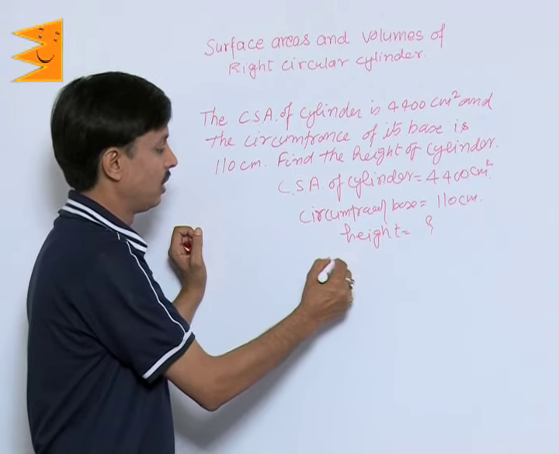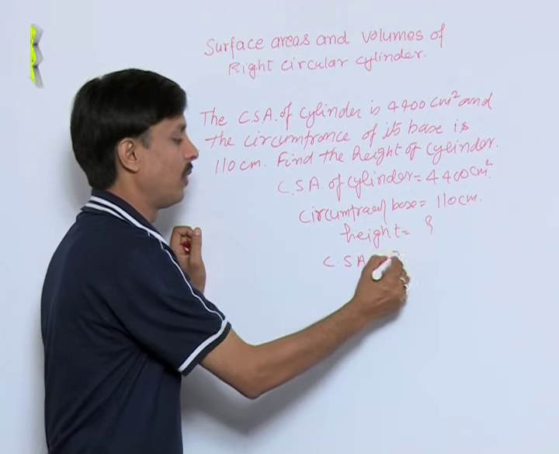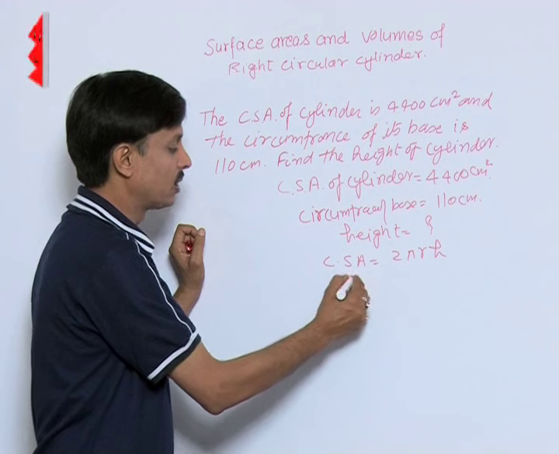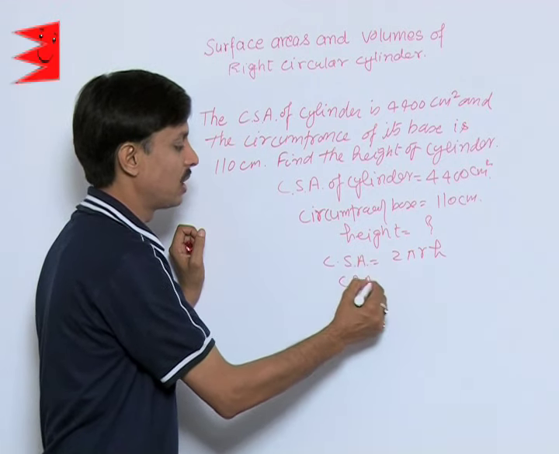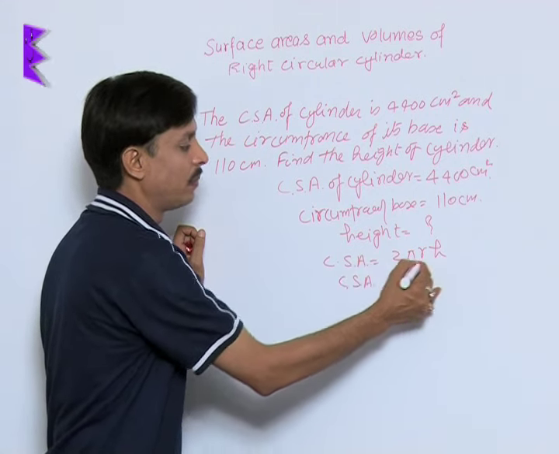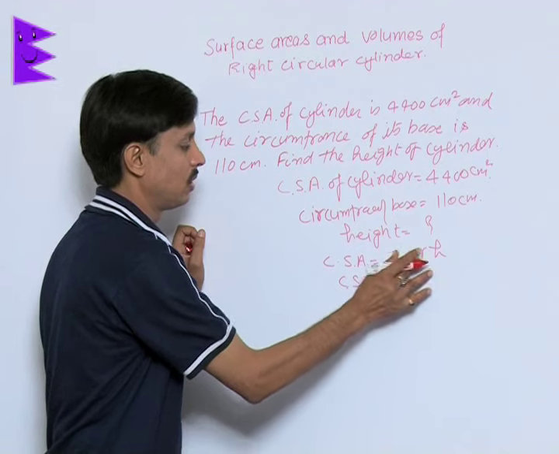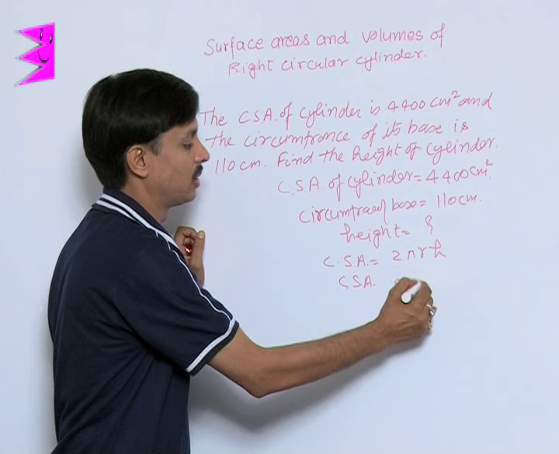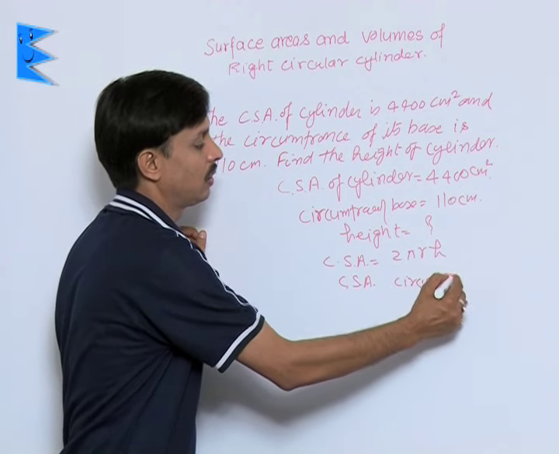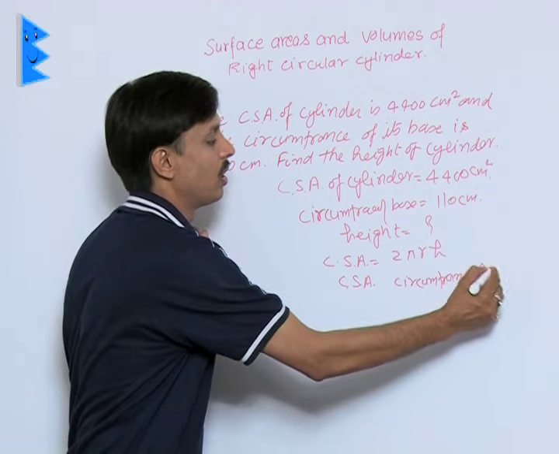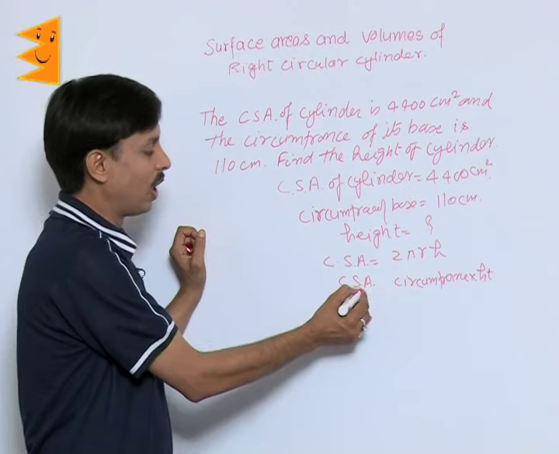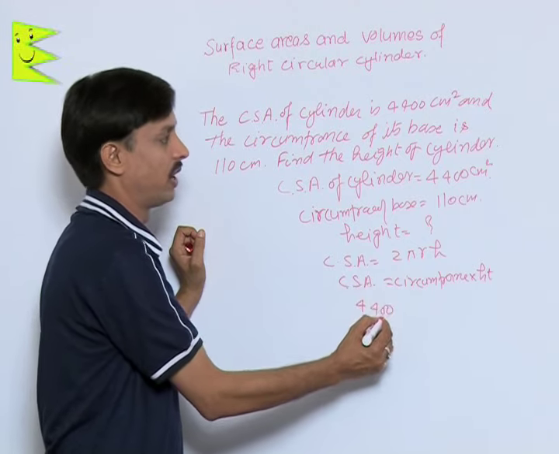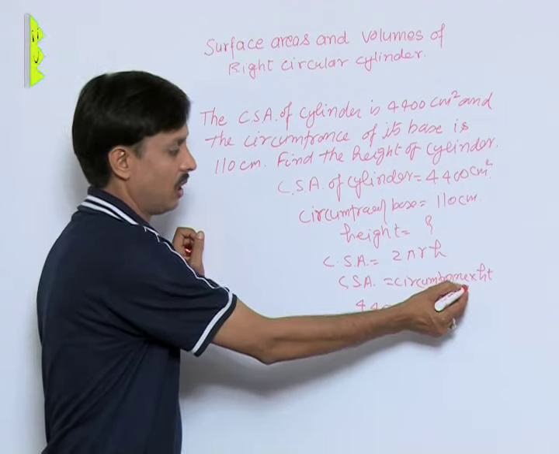You know that CSA is given by 2 pi r h, or you can say formula for curved surface area is circumference into height. Now value of CSA is given 4400 centimeter square.